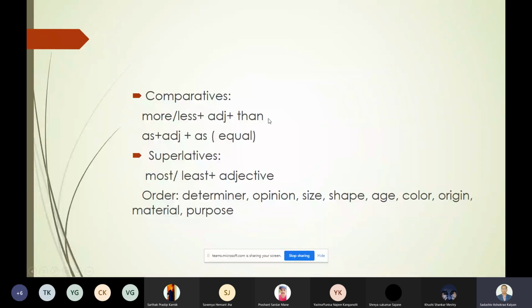So whenever we are trying to make sentences in our oral communication, and whenever we want to do a comparison, at that time we want to keep it in mind that we are going to use the second form of the adjective, and then the word than. Okay, then whenever we are trying to tell the equality between the two persons, at that time we are trying to use as plus adjective plus as.